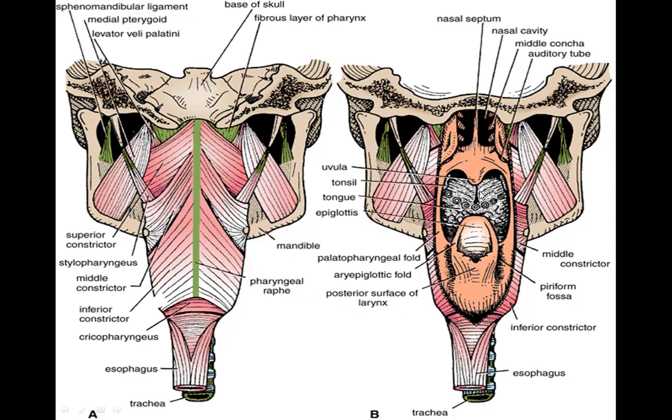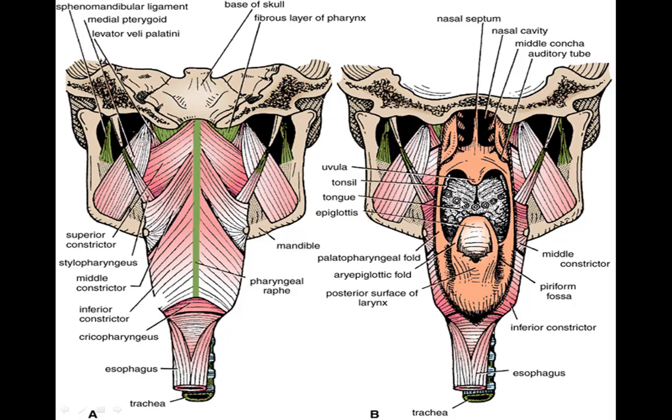So from the coronal section, also from anterior, we can see how this tube is deficient anteriorly and open. Here is the nasal cavity, oral cavity, and here is the larynx. So here this is the nasal septum, this is the nasal cavity, and here this is the oral cavity.